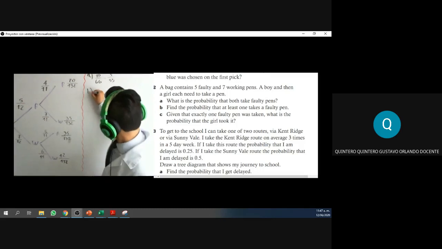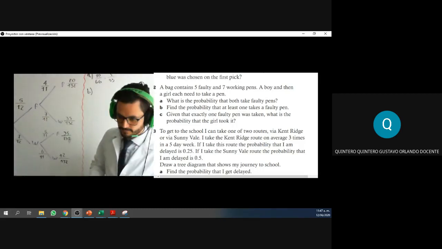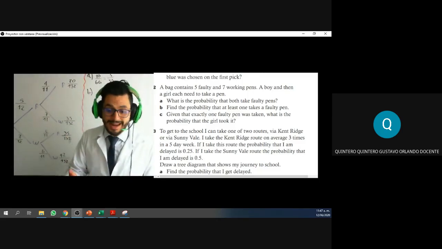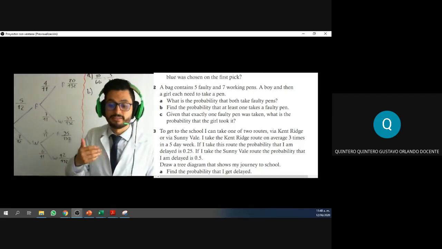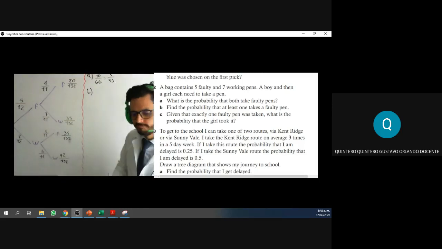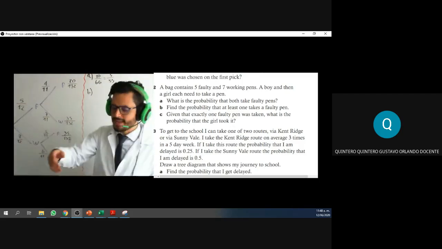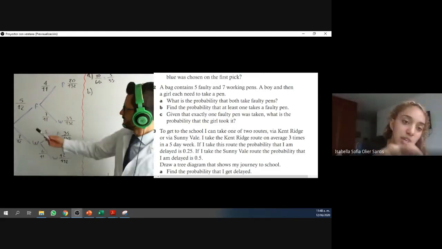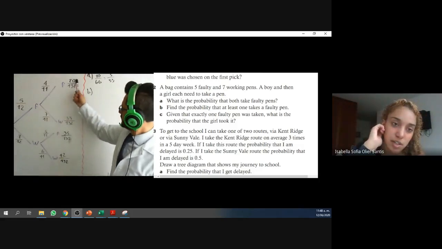Question B. All right, question B. Find the probability that at least one takes a faulty pen. At least one. So how many of these combinations? Well, the first one, 20 over 132.